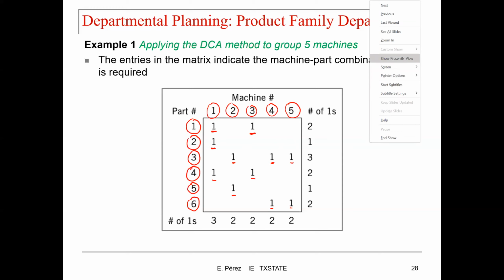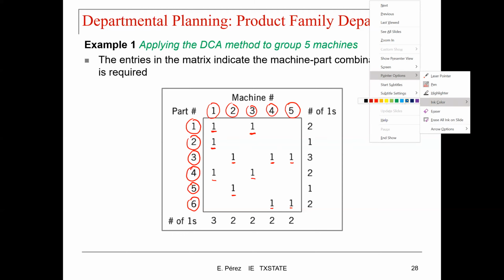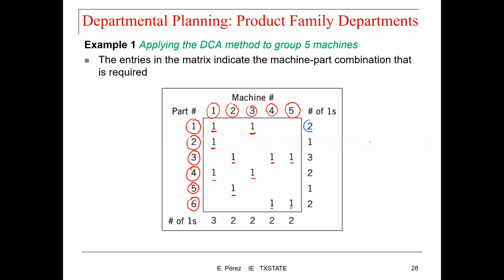You will see that for each row there's a total: 1 plus 1 is 2, then 1 plus 1 plus 1 is 3, 1 plus 1 is 2, then 1, and then 1 plus 1 is 2. We did the same thing per column: 3, 2, 2, 2, and 2.